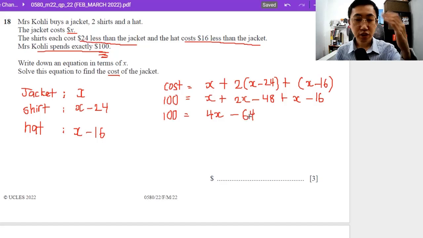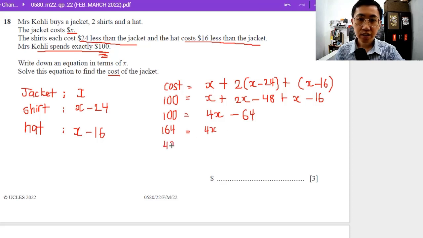Bring 64 to this side, so 164 equals 4x. Move the subject to the left hand side: X is 164 divided by 4, and the answer is 41. That's the answer for number 18.